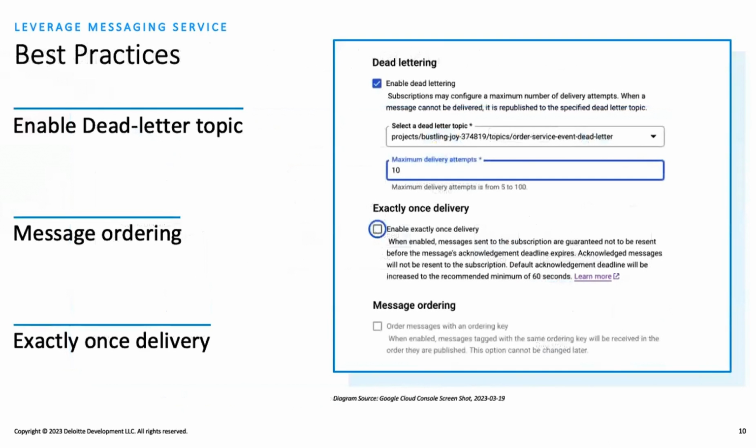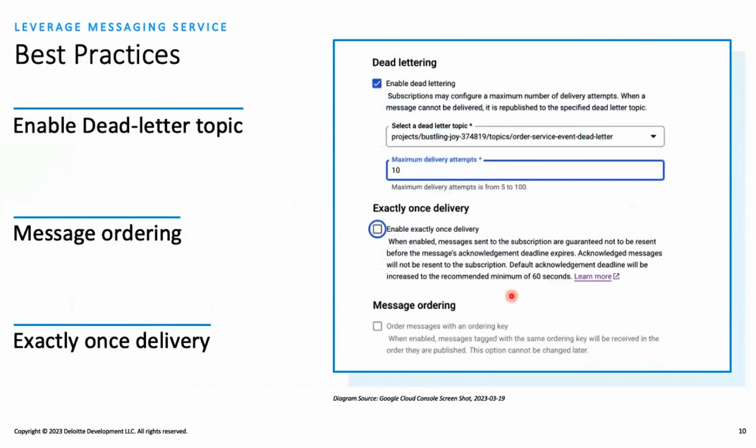There are some best practices. It is a best practice to enable the dead letter topic configured for each Pub/Sub subscription. It allows Pub/Sub to forward undelivered messages to a dead letter topic to unblock the source topic.